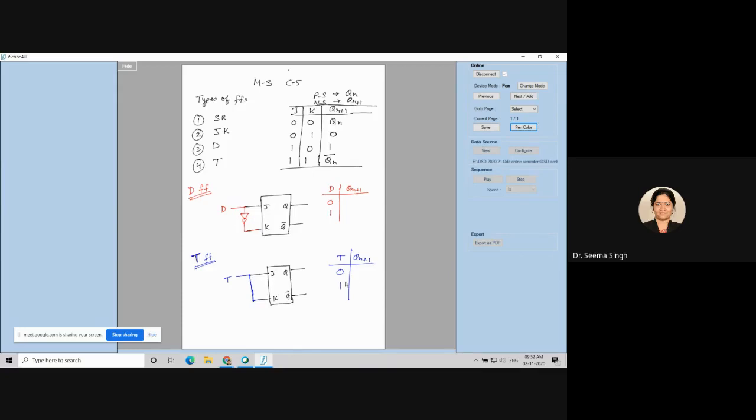So both will have possibilities of 0 and 1 only. But both are derived from JK flip-flop only. If I make both the inputs same, means J and K both are same, which rows will come for T and which rows will come for D is what I am asking you people.